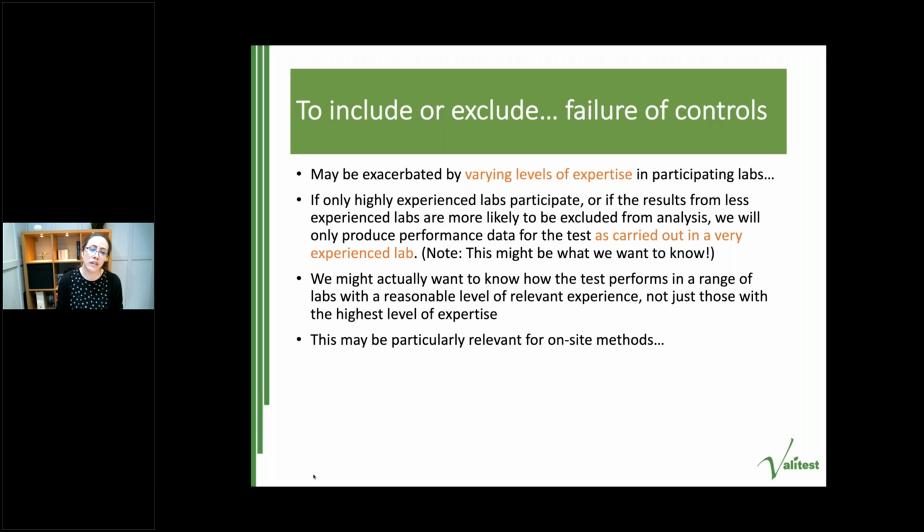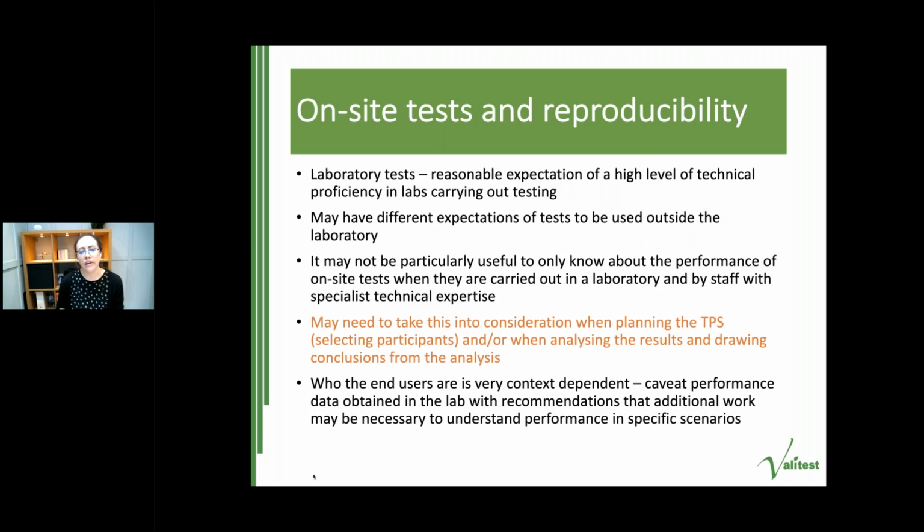So we might want the varying levels of expertise across participants to stay visible in the results, rather than to just exclude the less experienced labs' results on the basis of failed controls. So this might be particularly relevant for on-site methods. In the lab, we do have a reasonable expectation that all the labs carrying out the testing in the TPS have a high level of technical proficiency.